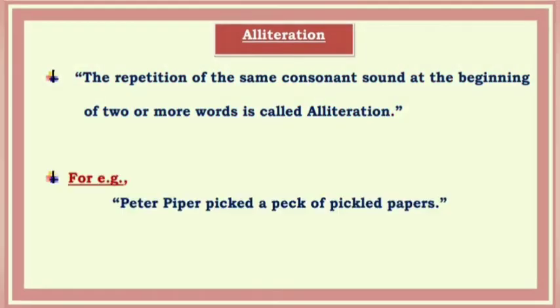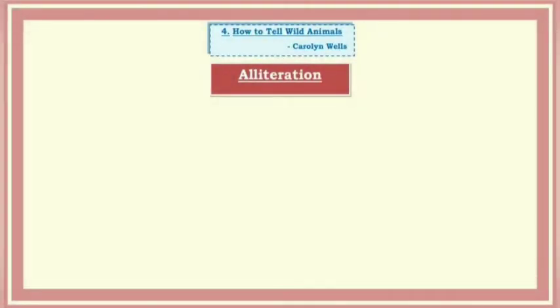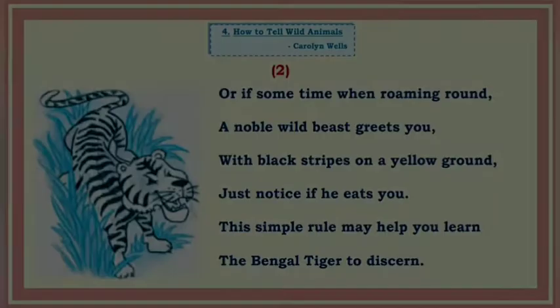For example, Peter Piper picked a peck of pickled peppers. Here, as you can see, the consonant sound P is repeated at the beginning of Peter, Piper, picked, peck, pickled, peppers. So this is an example of alliteration. Right. Now, let's examine the use of alliteration in the poem.